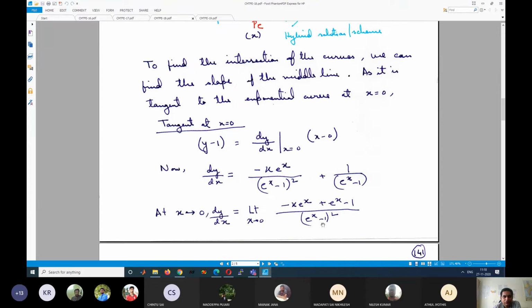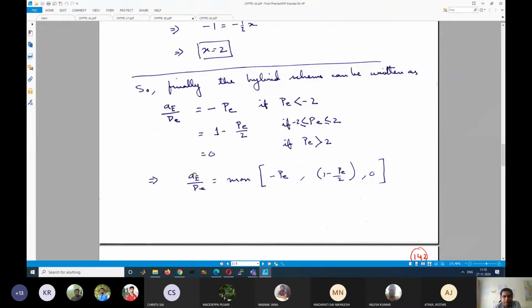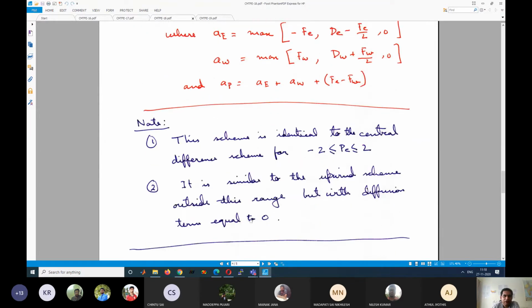Like this, we derived the coefficient of the grid point phi e, and in a similar way the coefficient of phi w, which is aw, can also be derived.